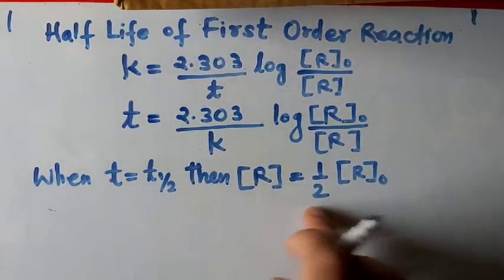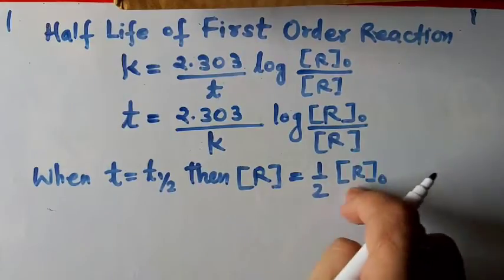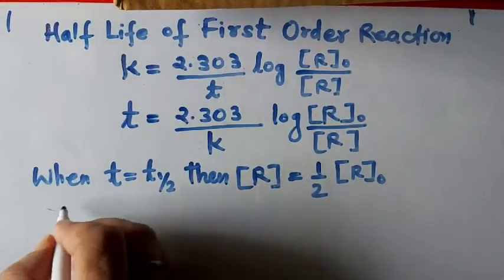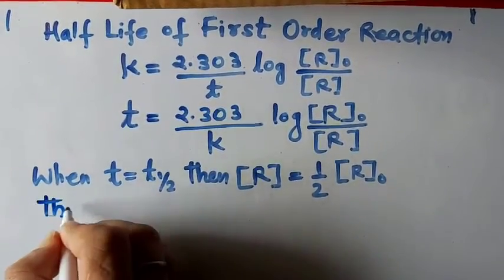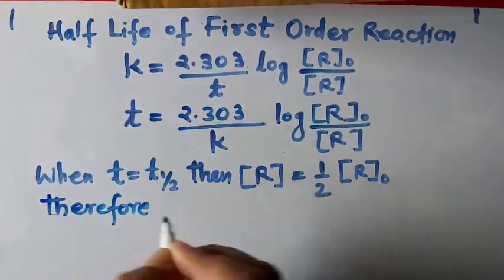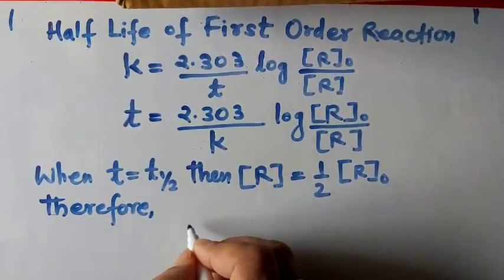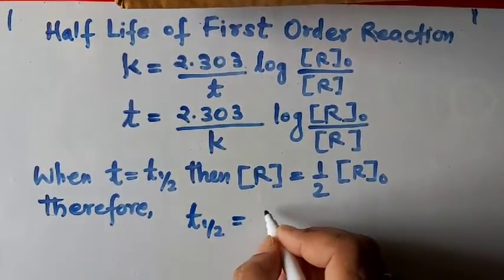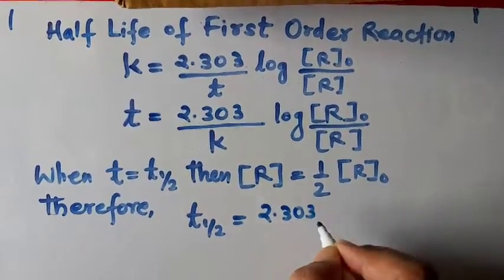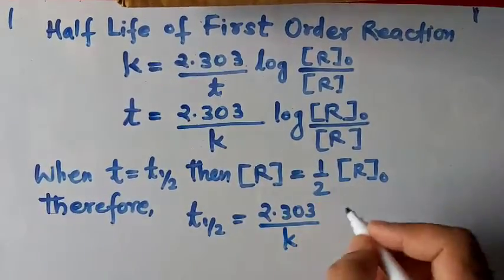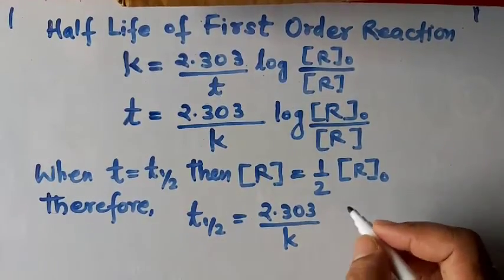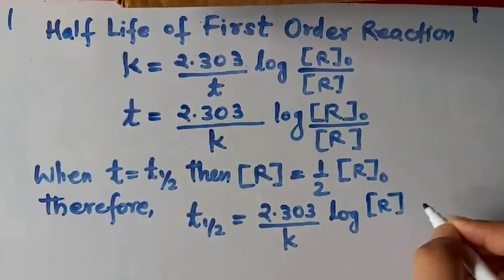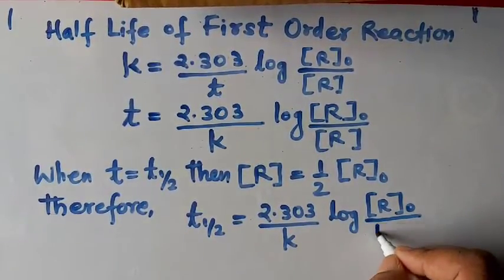So this value is going to be placed over here, and the equation will be rewritten as, in case of T half, (2.303 by K), and then we have log initial concentration of reactants by 1/2 initial concentration.